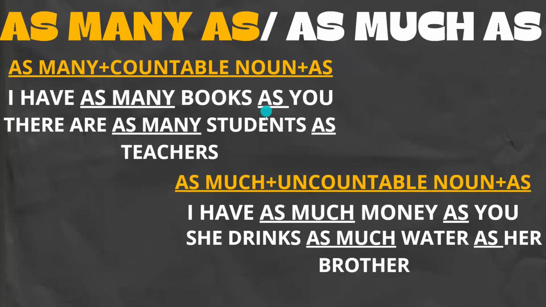As many books as you. Well, I have more books than you. Yes, you're right, as many books as you, but you don't have more than him. You have the same.